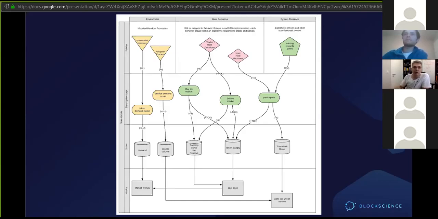And then in the bottom row, you have the performance indicators, the metrics that will help you make your decisions as a system modeler, as a system designer, that are derived from the state variables of the systems. So you'll be looking at some metrics, maybe profitability, revenue, or market share, or anything that's important to you when you're comparing two different versions or variations of your system.